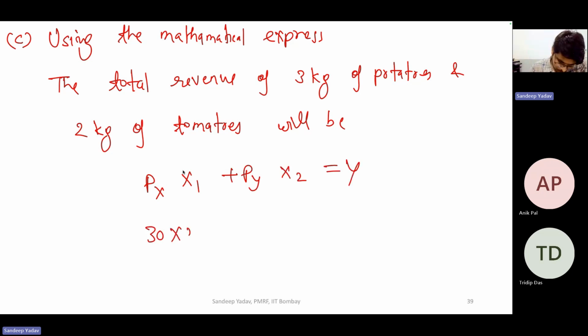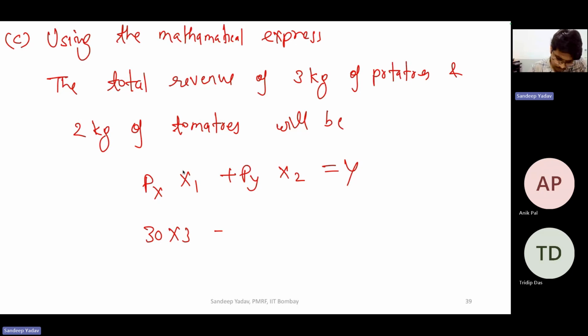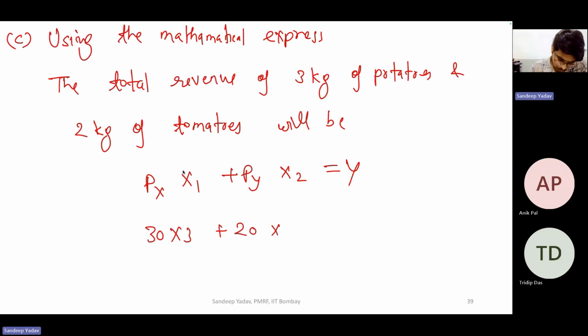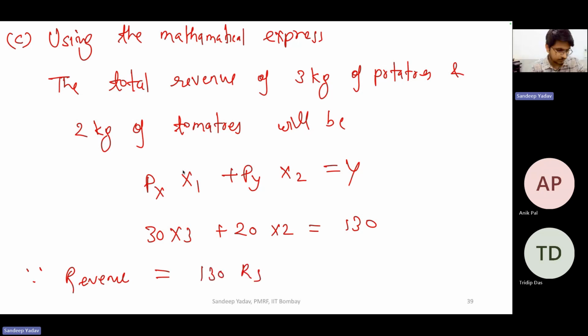So 30 into 3, which is given, plus 20 into 2, it would be 130 rupees. Therefore, revenue would be 130 rupees.